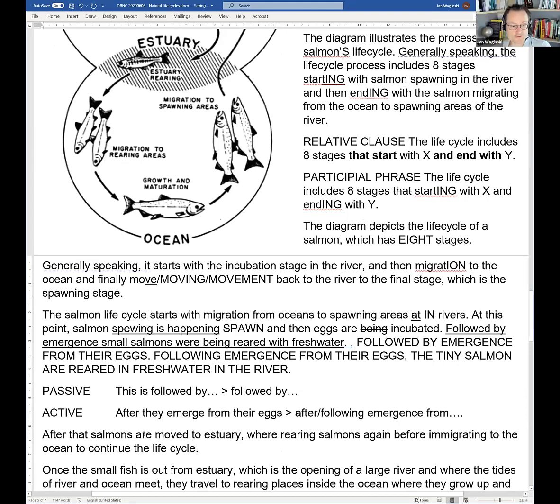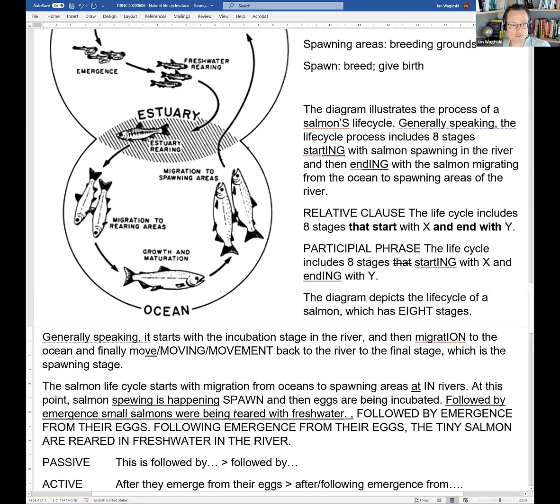are moved to. I'm not too crazy about the passive voice here because I can pick something up and move it to another room, but I don't think that's what's happening with salmon, is it? Is it a farmer moving them, or do they just move on their own?